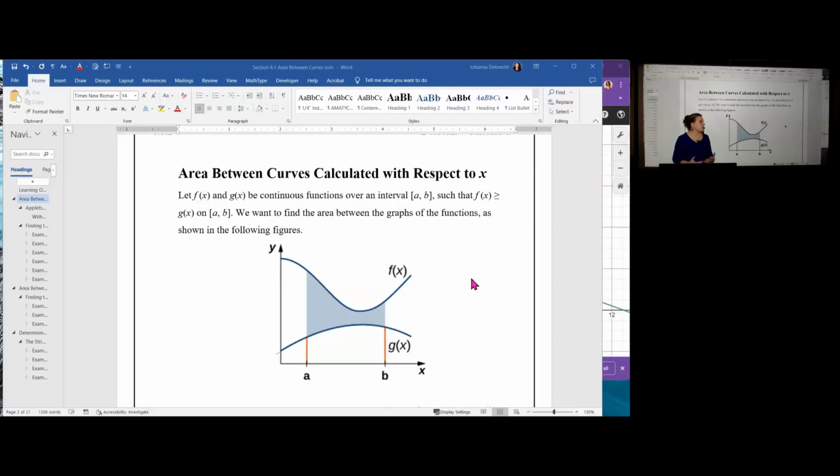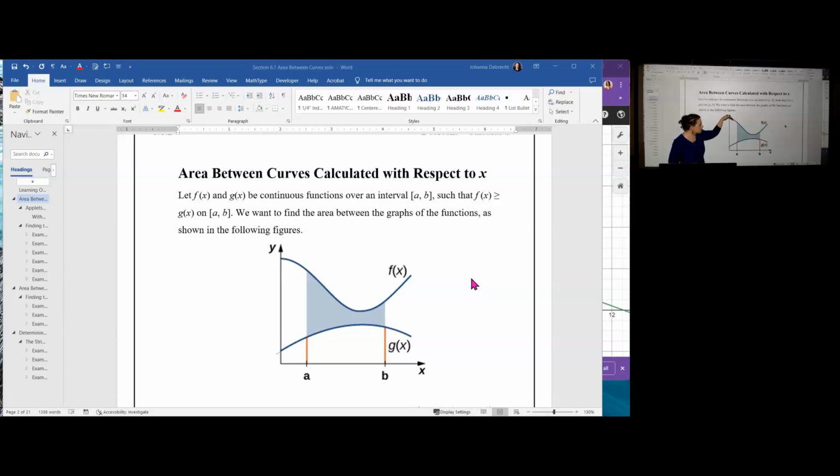We're going to start by allowing our functions to be functions of the independent variable x, and they're going to be continuous over an interval from a to b, so that they are, in fact, both differentiable. And we're going to set it such that the graph of f of x is greater than or equal to the graph of g of x for all the values of x between a and b.